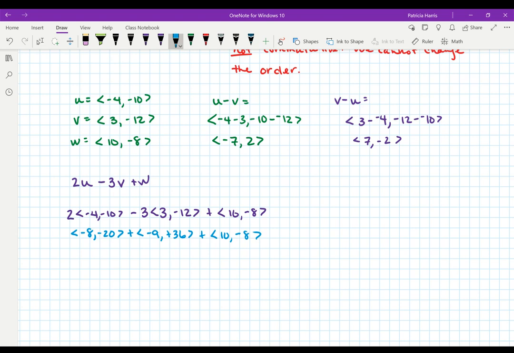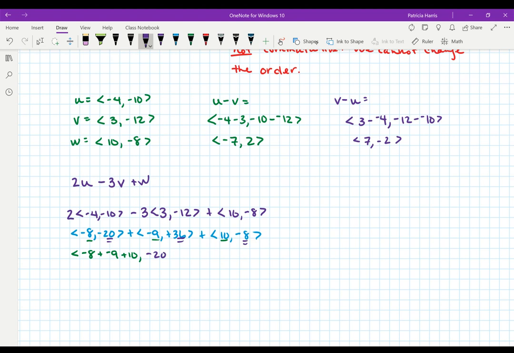All right, so now if I add my 3 vectors together, what we find is we're adding our horizontal components, negative 8, negative 9, positive 10, and then we are adding our vertical components.